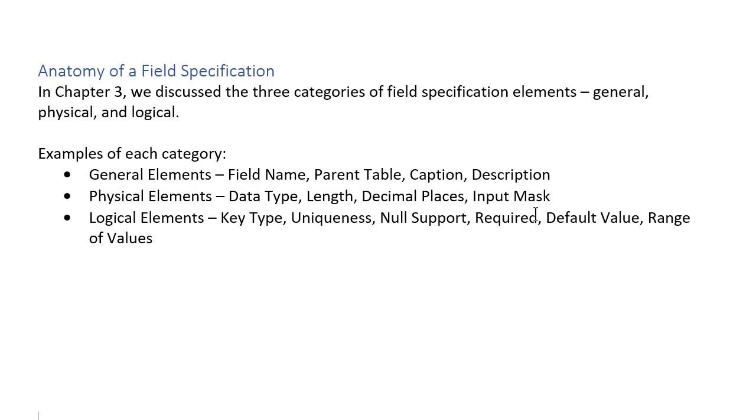Do you want a default value when it starts, or a range of values that the user can select from, or that the user can only input from, and if they go outside of the range, they're prompted to put in the correct data that fits in that range. All right, so those are examples of anatomy of field specifications.